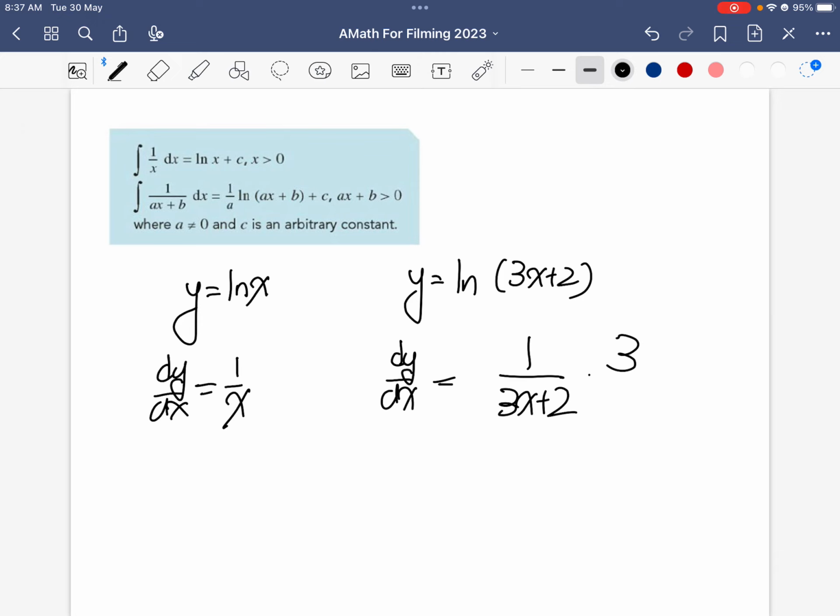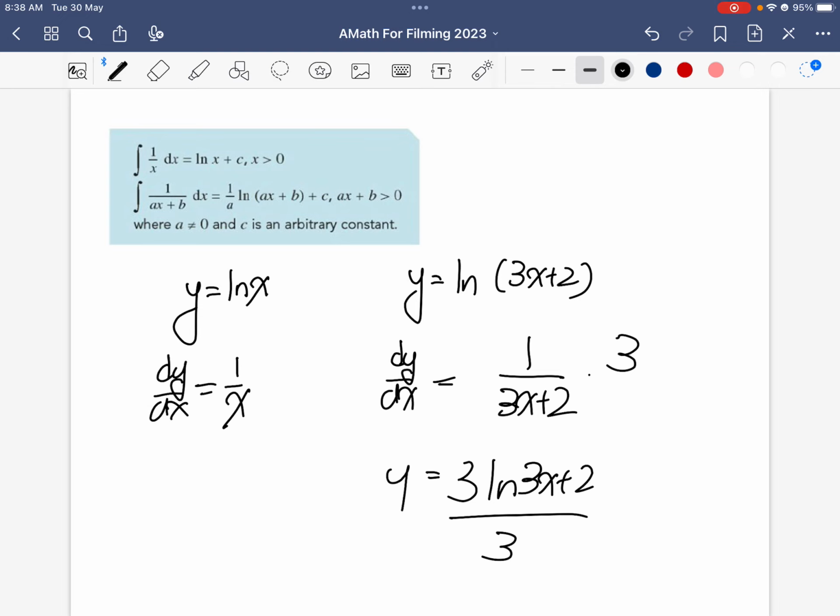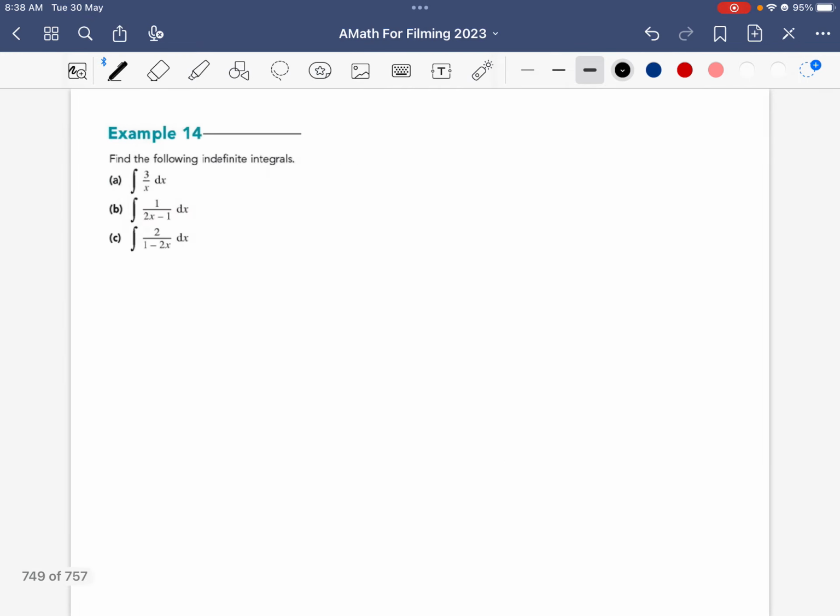So if I am going to do the integration, the idea here is 1 over 3x plus 2, the reciprocal, you go backwards, it becomes ln of 3x plus 2. Then we have the 3. So what I need to do is differentiate 3x plus 2, you get 3, 3 over 3, you get back ln of 3x plus 2, if you integrate.